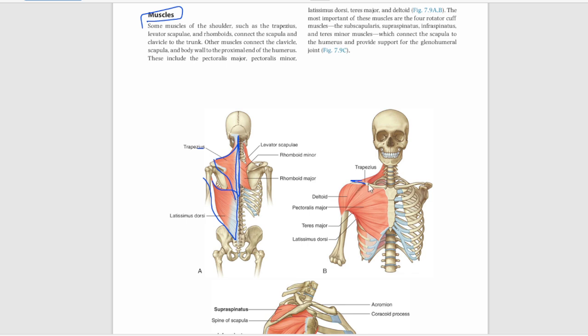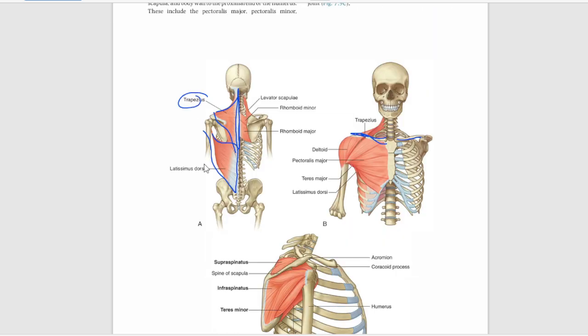The clavicle bone is present on both sides, okay. Now the trapezius muscle, the latissimus dorsi muscle, the levator scapulae, the rhomboid minor, the rhomboid major, and this is the deltoid muscle.